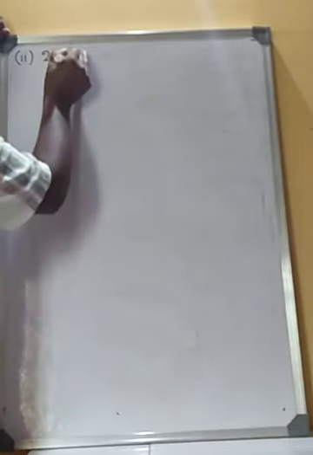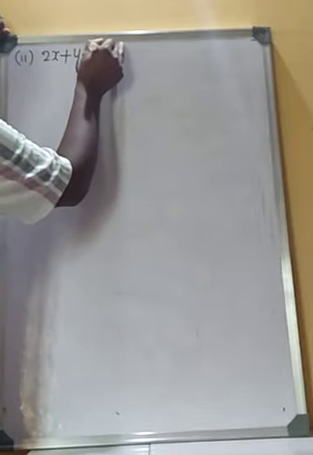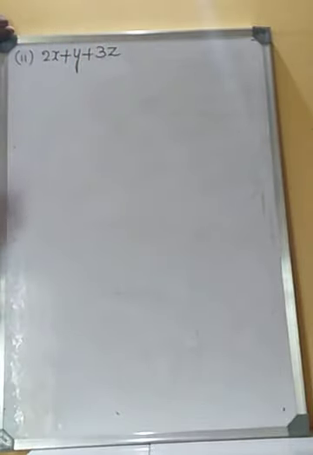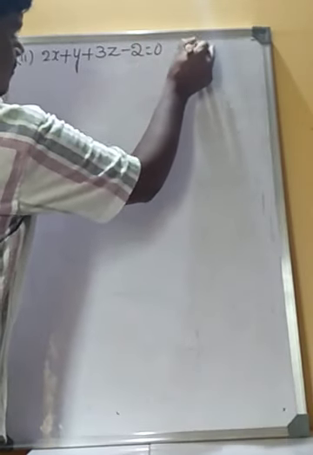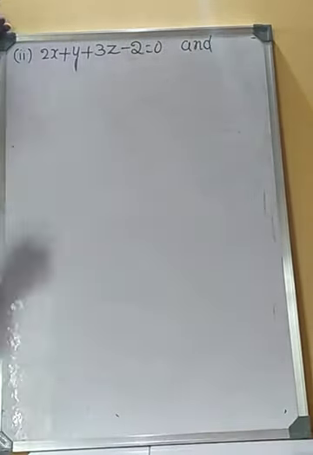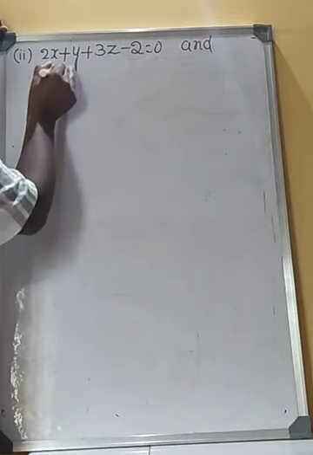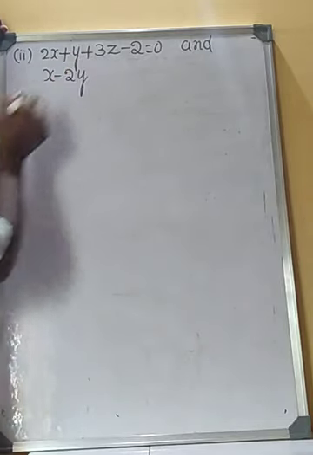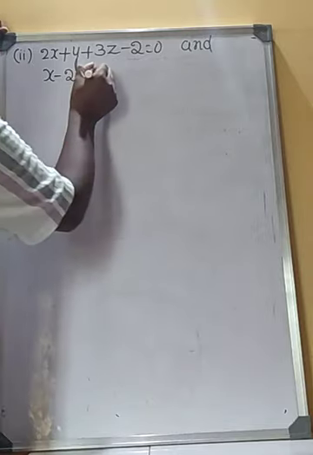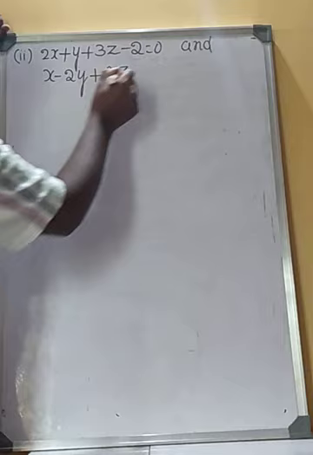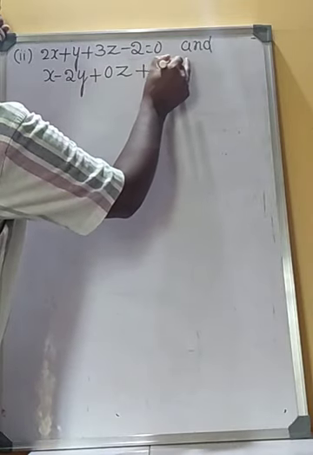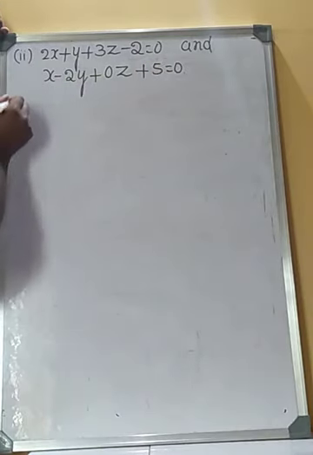That is, second one: 2x plus y plus 3z minus 2 equal to 0 and x minus 2y plus 0z plus 5 equal to 0.